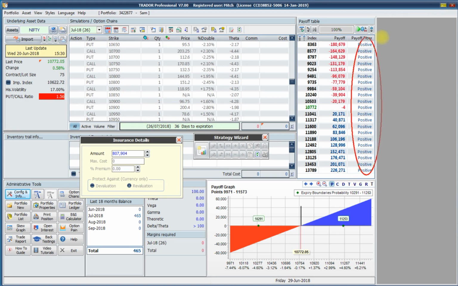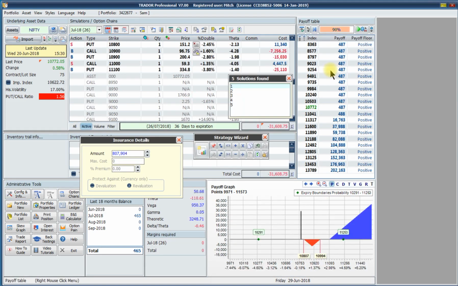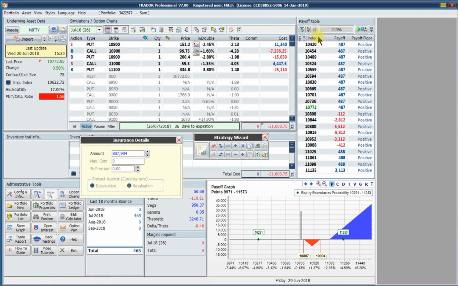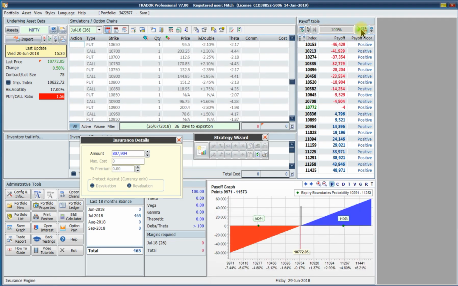Notice that Trader had filled all payoff floors as positive and also filled quantities that will match number of asset holdings amount for full insurance search. I'll decrease index gaps so the red loss area is shown and will be insured, and activate the engine again.